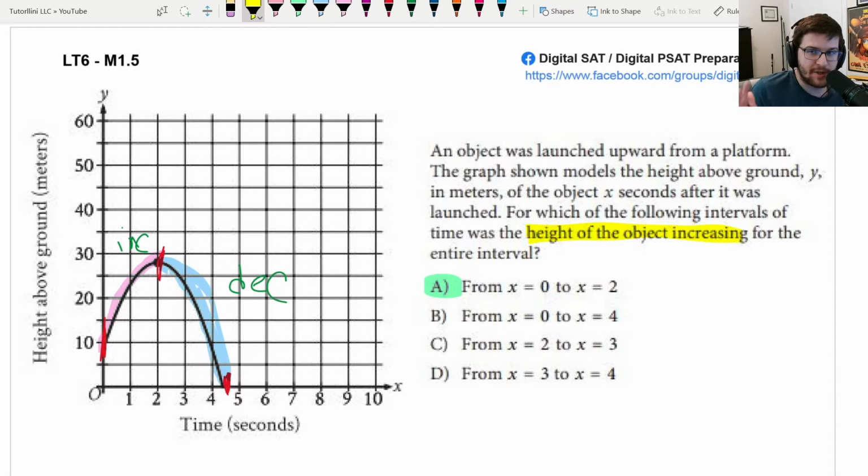The answer choice still could be a subset of one of those intervals, but it has to be increasing the entire time. If you look at all these other answer choices, it's going to be decreasing at some time. It's going to be in the blue region at some point, which the question does not want. So the answer is A. We got kind of lucky that the first answer choice we guessed was right. Great, let's move on.